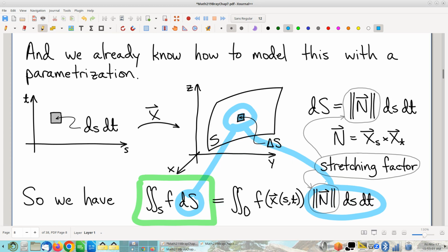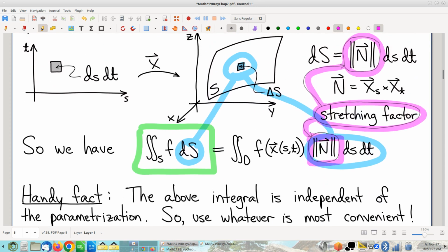And we have this stretching factor, already long since established. Well, long as in half an hour ago. Everybody all right? We're done. That's how you compute scalar surface integrals. Let me show you an example.